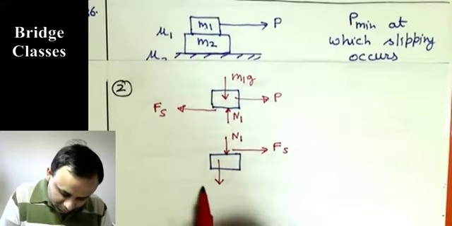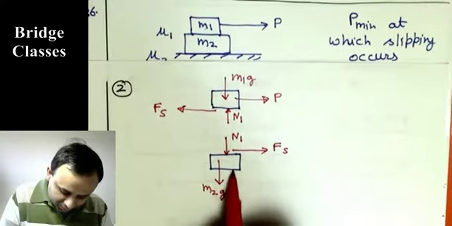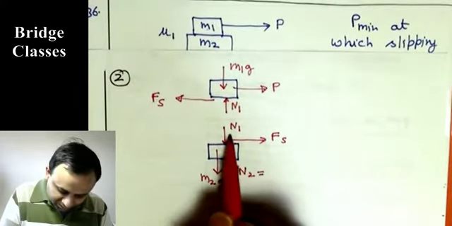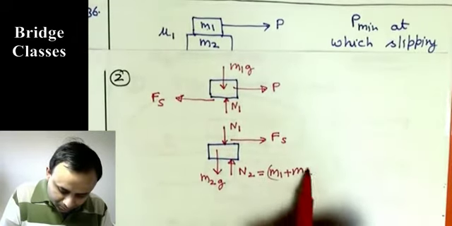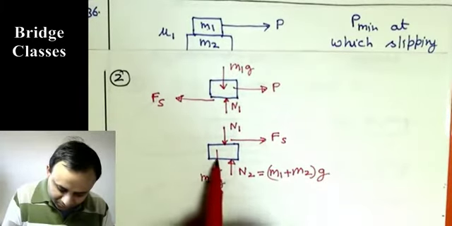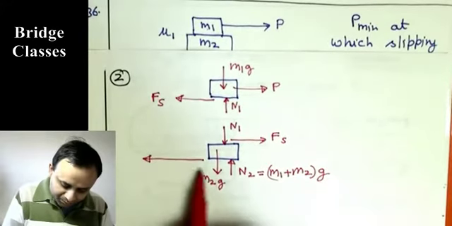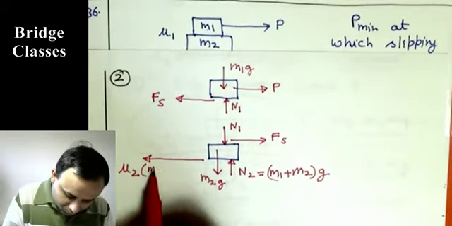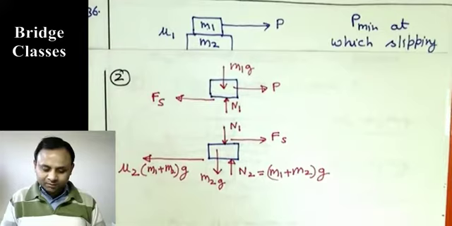There is M2G, and the normal reaction here, N2, will be N1 plus M2G, that will be (M1 plus M2)G, and friction here, because now we are saying slipping occurred here, will be mu2 N2. So that is the free body diagram.